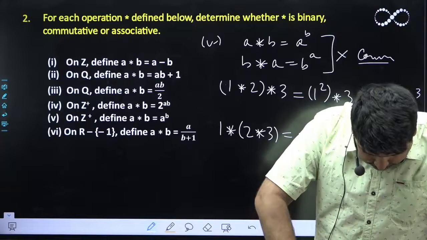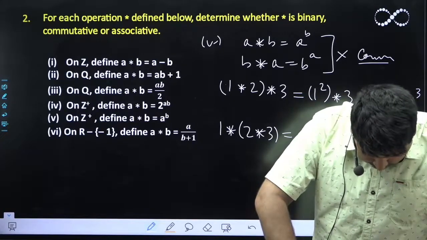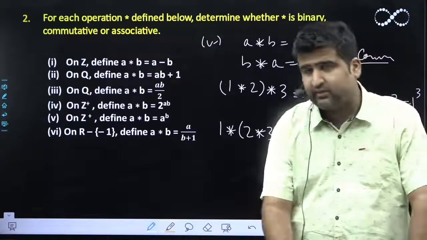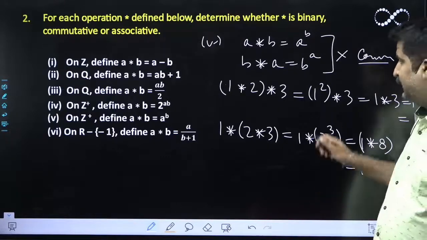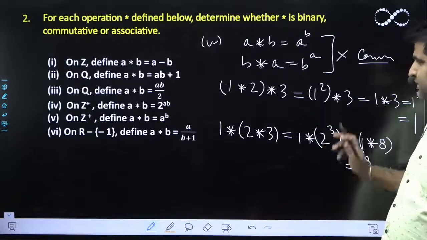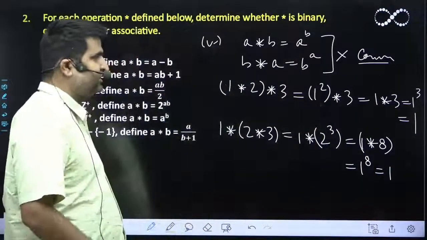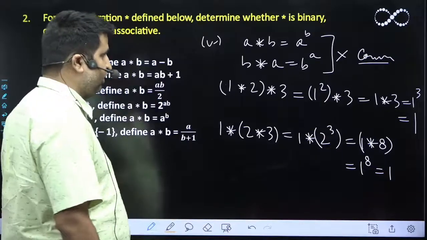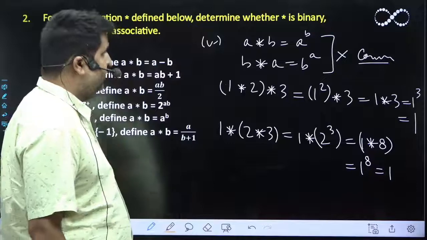Are you sure? Now if we take the case 2, 3, 4, the result will be different. It is satisfied for 1, so the lesson from here is you can't rely on just one case. You can't just check one case and say that this is commutative or associative or not. When you're taking examples, you have to show otherwise.